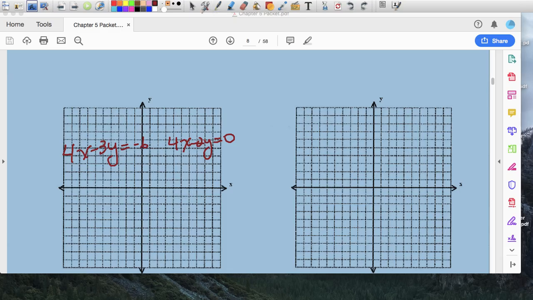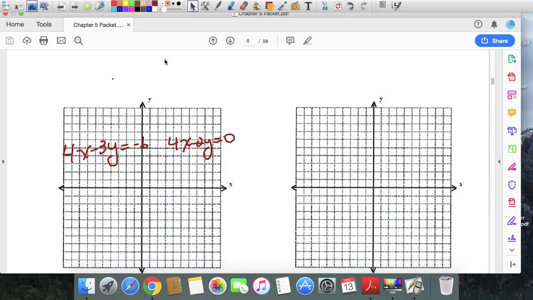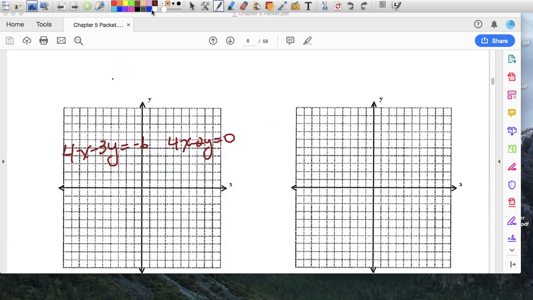Minus 4x on this side, and then I'm going to get negative 3y equals minus 4x minus 6. Divide this by negative 3 and divide this by negative 3. I'm going to get y equals positive 4/3 x, and then plus 2. Negative 6 divided by negative 3 is plus 2.